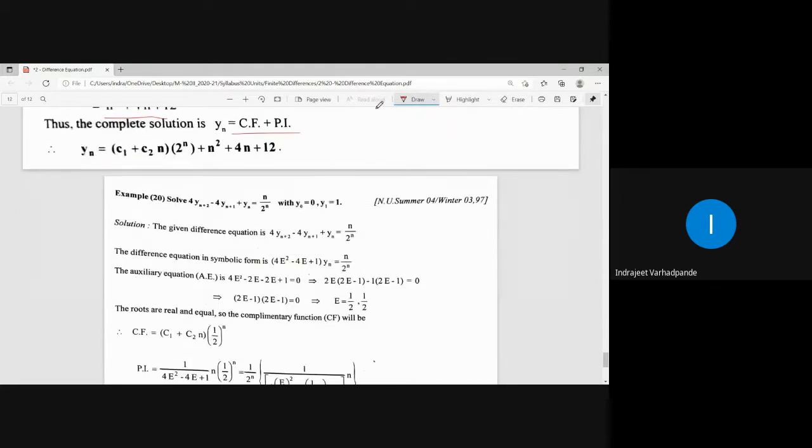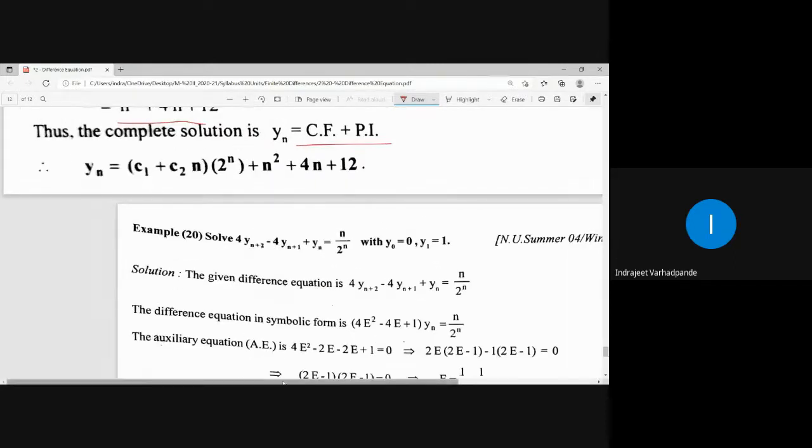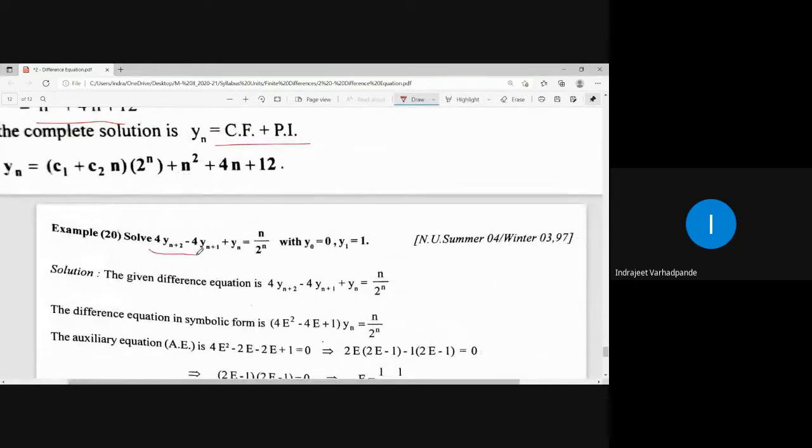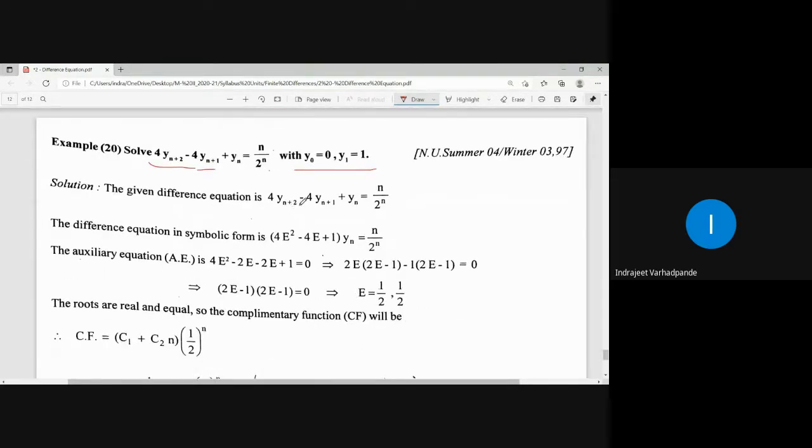Similarly, one more example with certain boundary conditions given to you is 4y(n+2) minus 4y(n+1) plus yn is equal to n upon 2 to the power n, with y0 as 0 and y1 as 1. So accordingly, converting it into the shift operator form, it becomes 4E square minus 4E plus 1 whole multiplied by yn is equal to this.